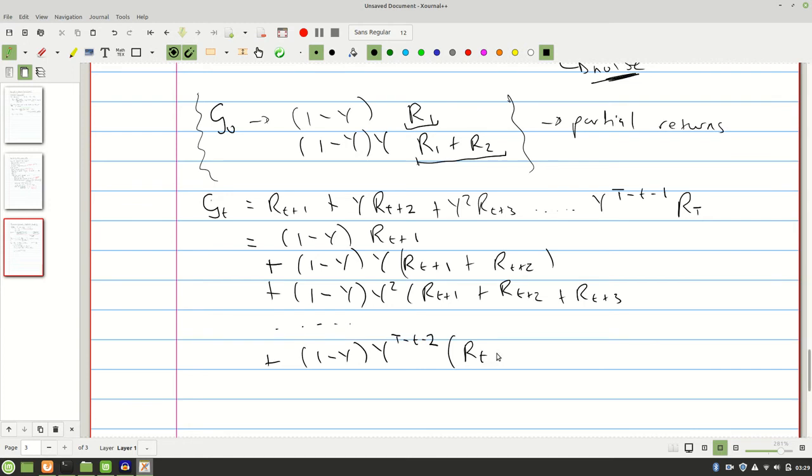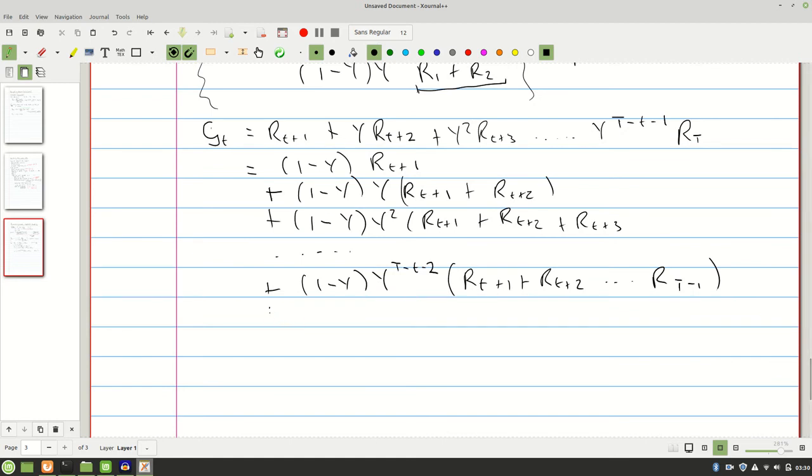So this is RT plus 1 plus RT plus 2 all the way up to T minus 1. And then in the final time step, we multiply by gamma to the T minus 1, RT plus 1 plus RT plus 2 all the way up to RT.